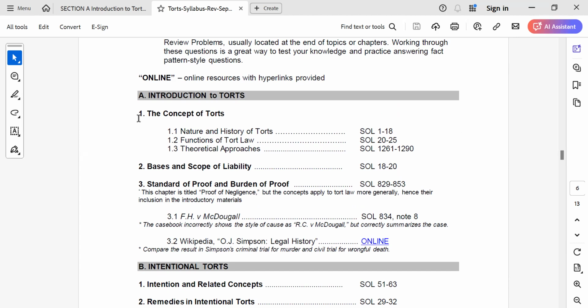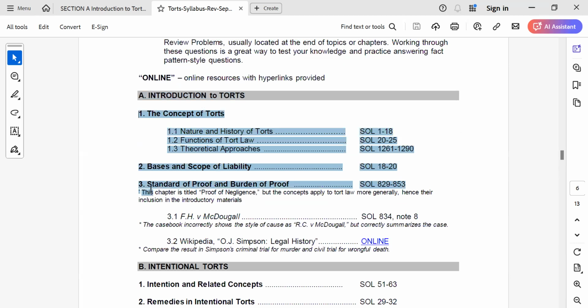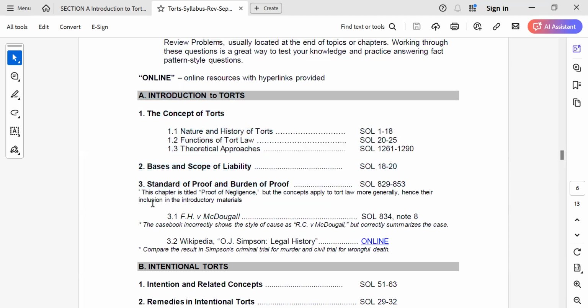So per section of the syllabus, we have 3 chapters, and the first chapter is divided into sub chapters.